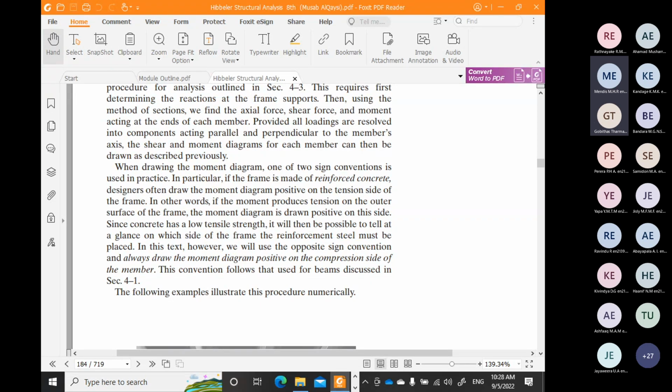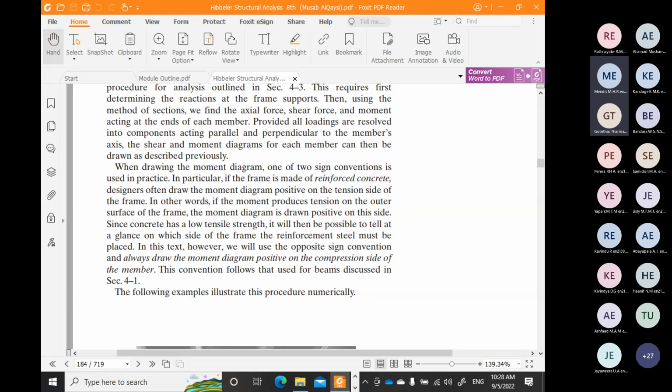Bending outward means, when you take a section from the bottom support, it is like hogging, right?